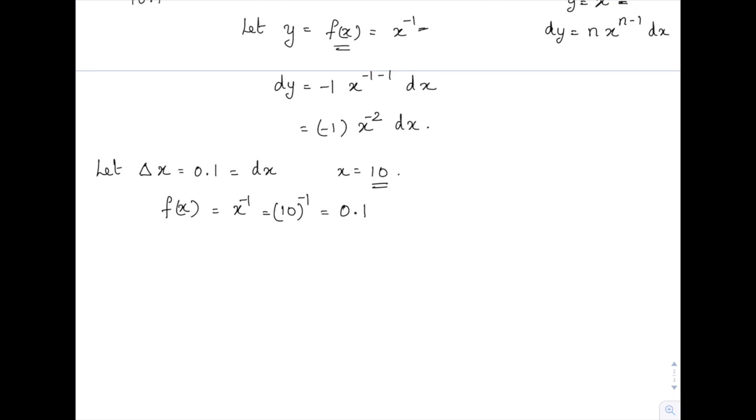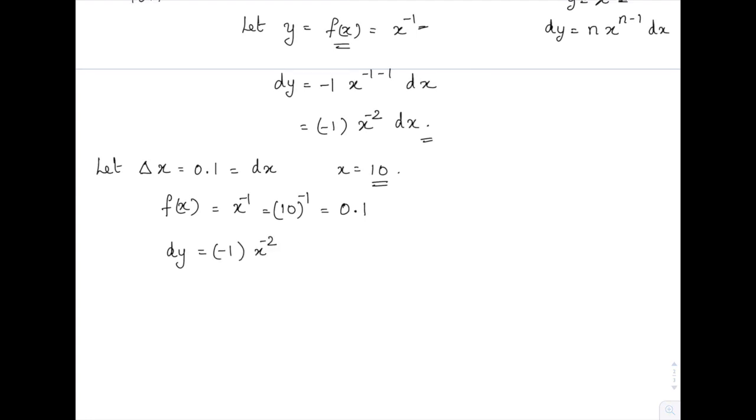The next one is dy. dy is equal to, we have it here already, minus 1 into x to the power of minus 2 dx.